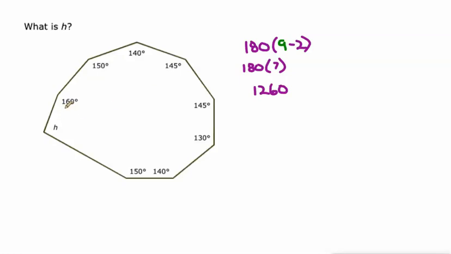So let's add these up. 160 plus 150 plus 140 plus 145 plus 145 plus 130 plus 140 plus 150 is 1160.